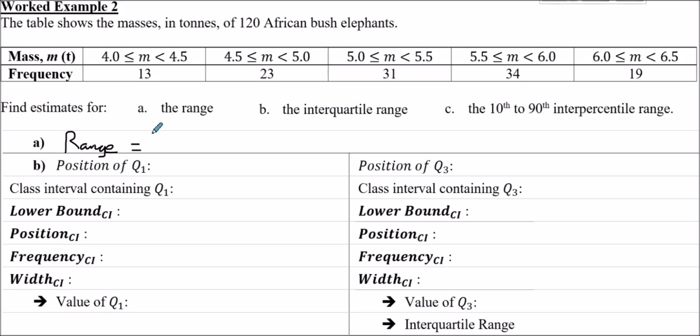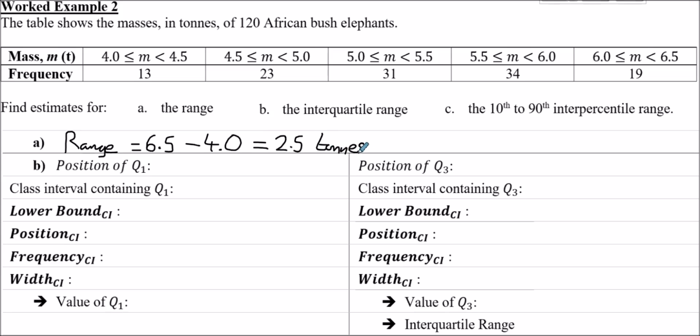So we take 6.5 as our maximum possible highest, and equally we subtract the absolute possible lowest, which is 4.0. And so the range estimate, which is going to be an upper bound of the possible true ranges, is the upper limit 6.5 minus the lower limit of 4.0. So our range is going to be 2.5 tons for part A.